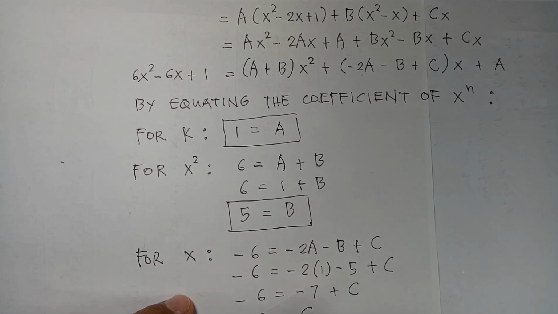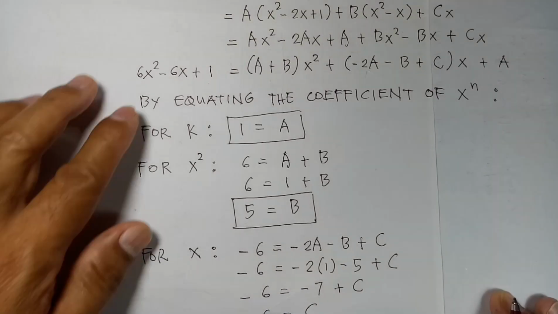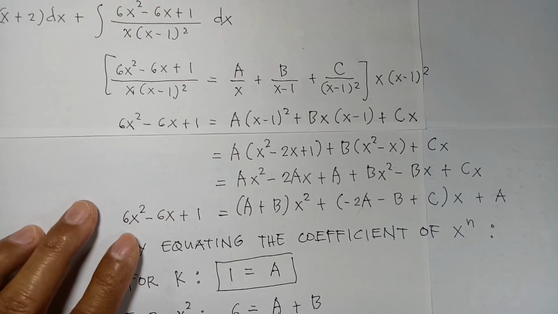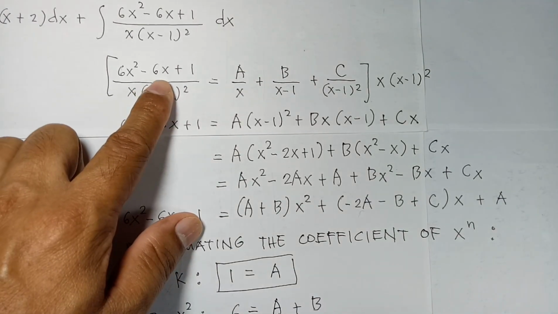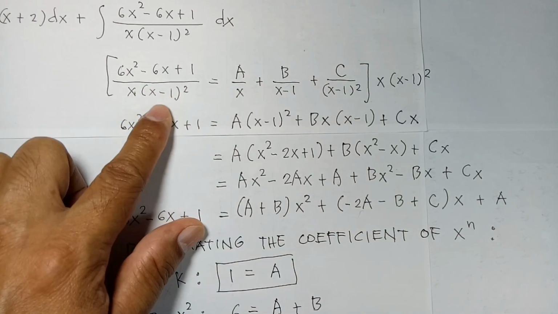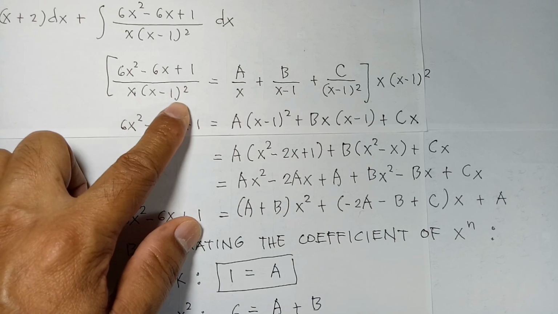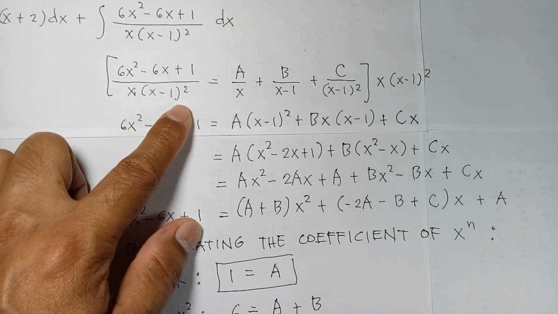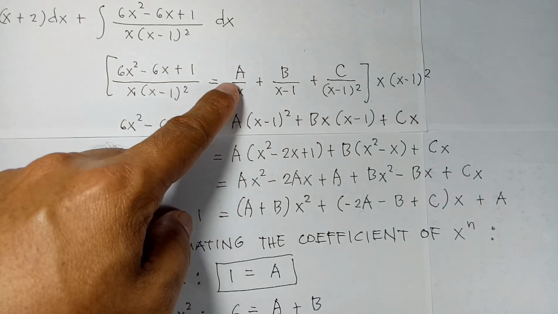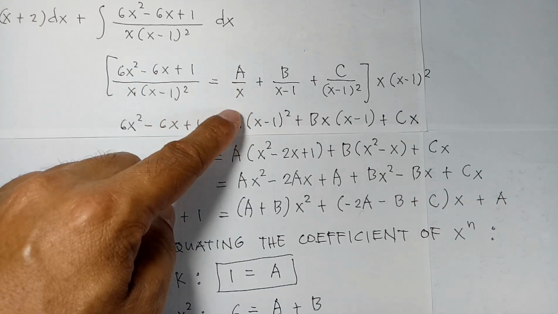Okay. So we're done. Now, so this 6x squared minus 6x plus 1 divided by x times x minus 1 squared is now equal to a over x.